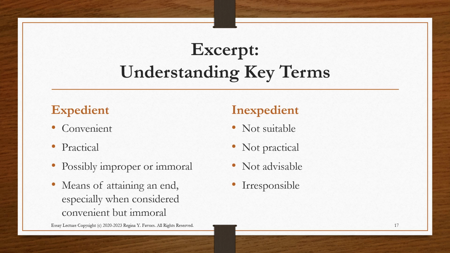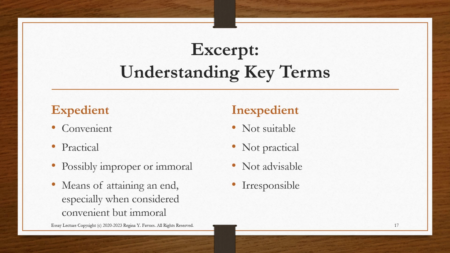Even though it was an immoral practice, or many people thought it was immoral, it was expedient in the sense that slave owners connected slavery to economic growth. So we need slavery, we need bodies, we need laborers to labor the field so that we can continue to grow as a country. So it was convenient, it was practical, but it was definitely immoral, right?